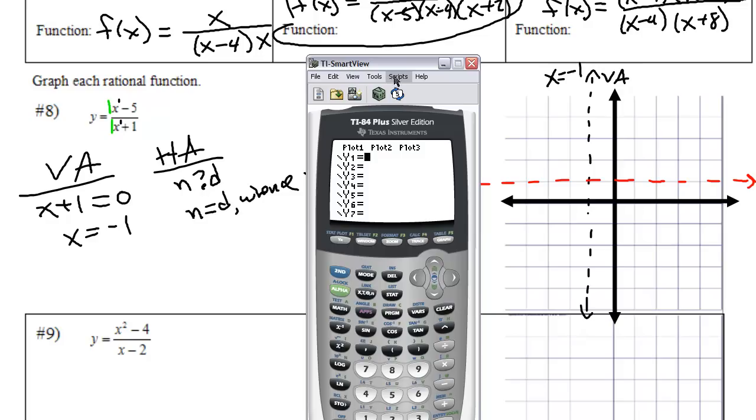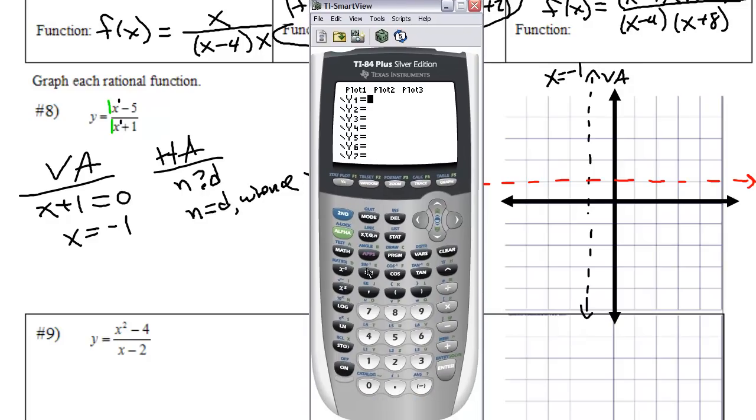So I go to my y equals, x minus 5 in my numerator divided by x plus 1 in my denominator. Graph it. Once again, the graph does not show the asymptotes.